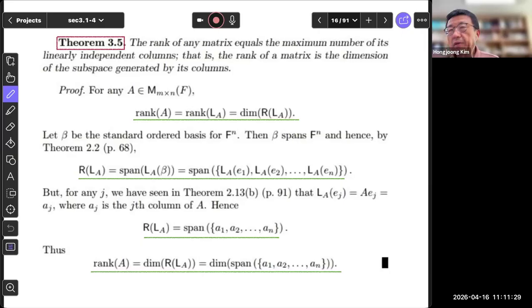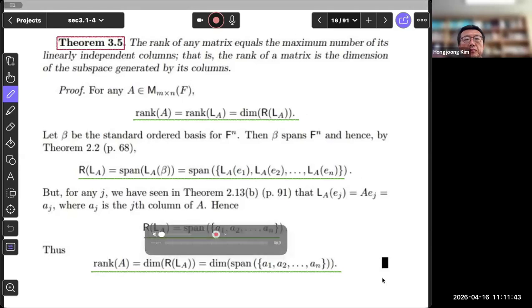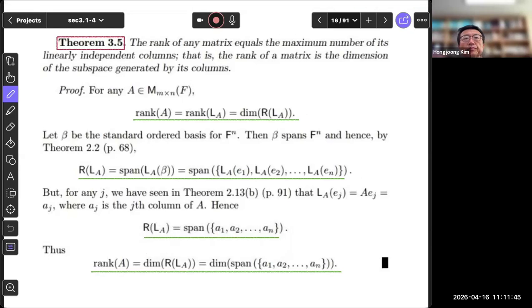Okay, theorem 3.5 is important. So let me check this line by line. Theorem 3.5 says the rank of any matrix equals the maximum number of linearly independent columns.